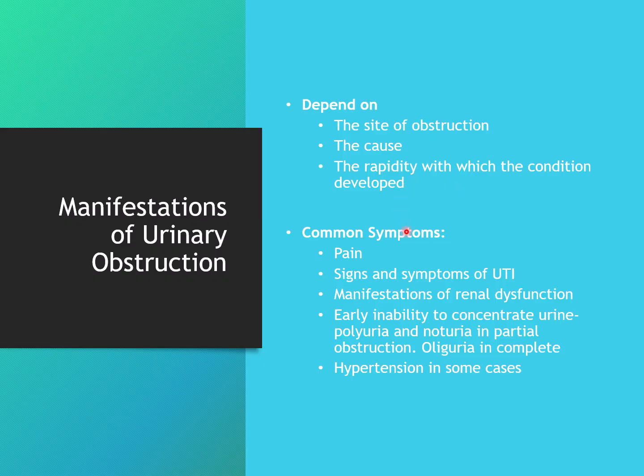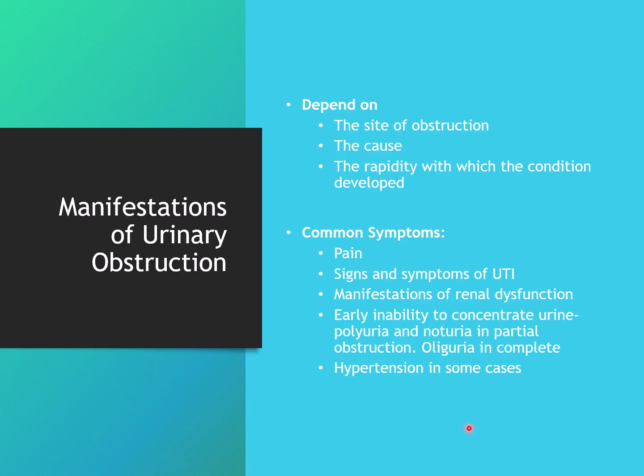Some of the common symptoms that we see are things like pain, especially flank pain, pain in the lower back associated with kidney issues. We also might see signs and symptoms of UTI because that stasis of urine predisposes to infection. We see different manifestations of renal dysfunction.